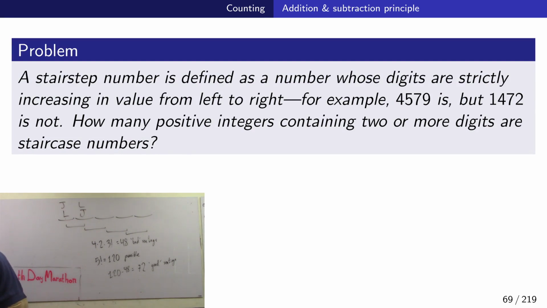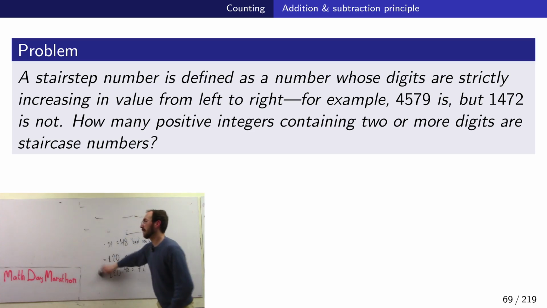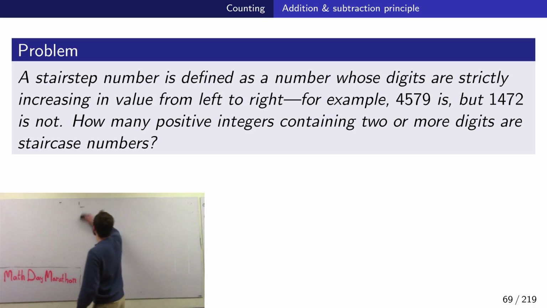Now let's look at this next problem. So we have a stair-step number. It's kind of cute. It is a number whose digits are strictly increasing left to right. They're going up, like a staircase.